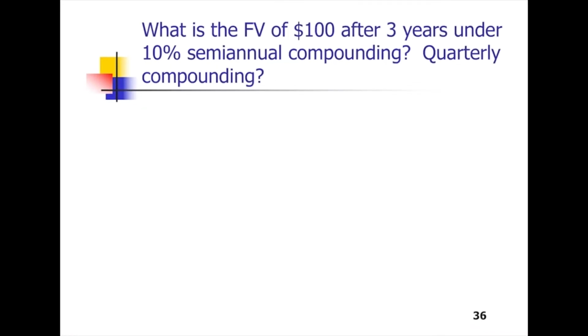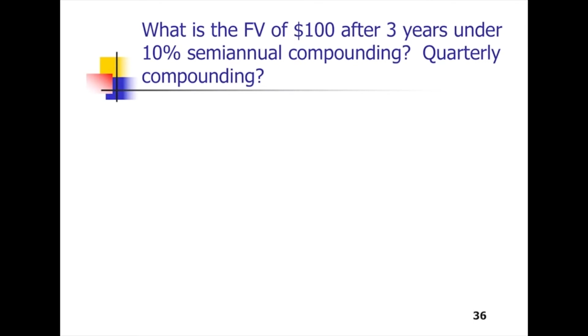One example to calculate semi-annual compounding and quarterly compounding using the period rate and EAR. So what is the future value of $100 after 3 years under 10% semi-annual compounding? And also calculate quarterly compounding. In this case, I recommend you draw a timeline.